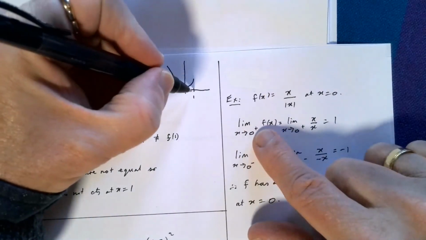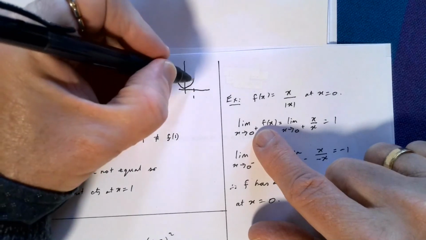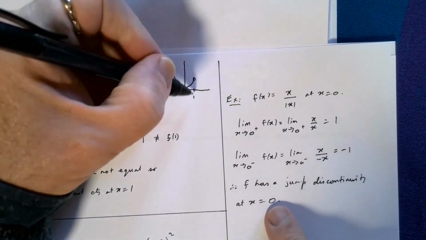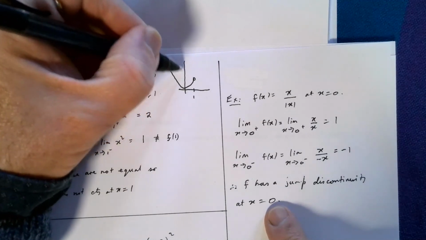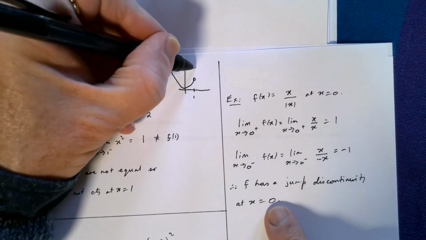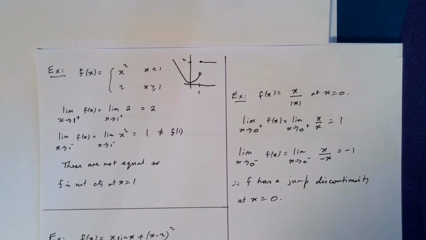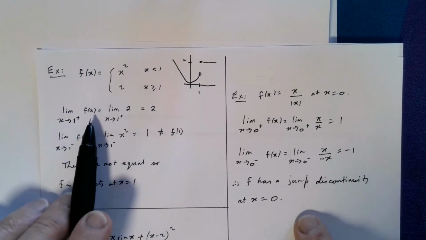And of course, as you get closer to 1, there's a hole here. And it's equal to 2 if x is bigger than 1, but of course this is 1 here, 2 is actually up here. So you can see graphically the function's not continuous, but we need to show this using our left and right limits.